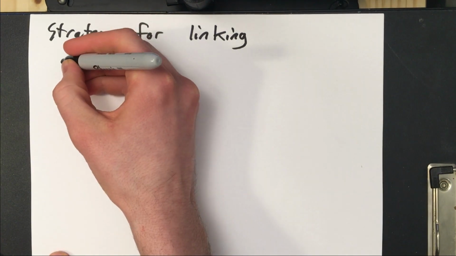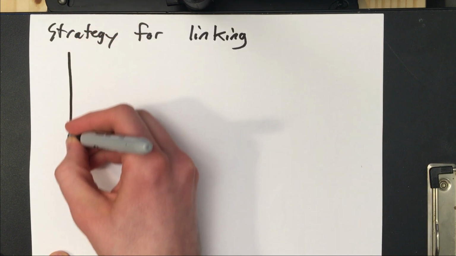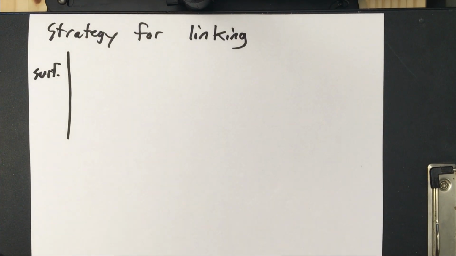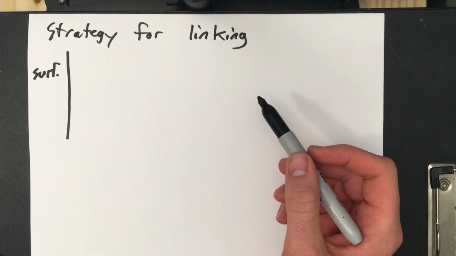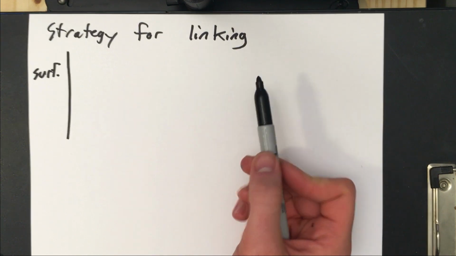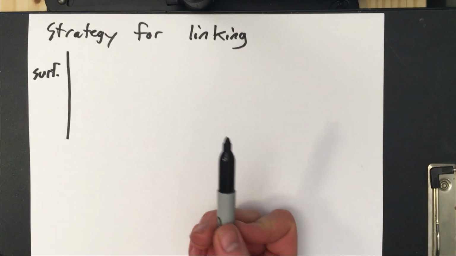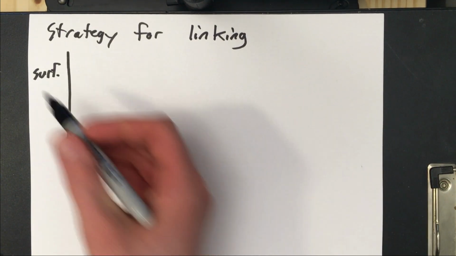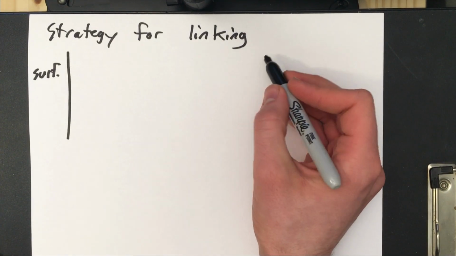So in general, we have some surface. And let's use the particular case where we want to attach a protein to the surface, whether the protein is an enzyme or the protein is an antibody. Let's talk mostly about those cases, right? So we have some surface and we have some protein.